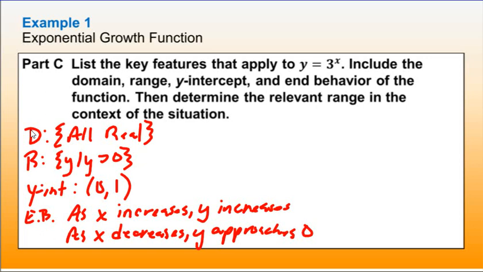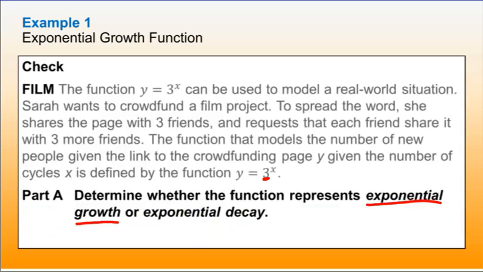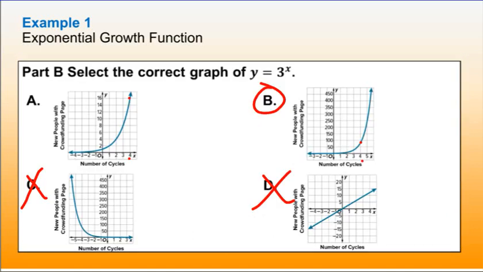And then we need to determine the relevant range in the context of the situation. So again, if we go back to the original problem, this is talking about friend requests. So if each person shares a page with 3 friends, what would that be? Your x is the number of cycles, so the number of times that it's being shared.